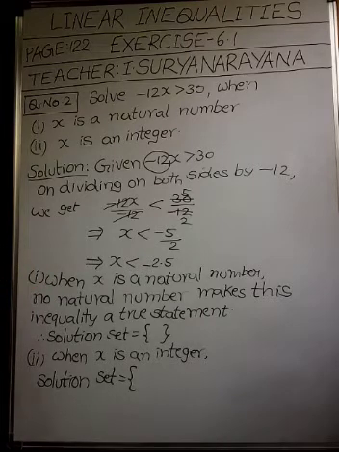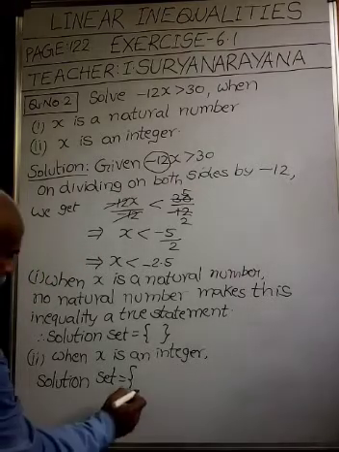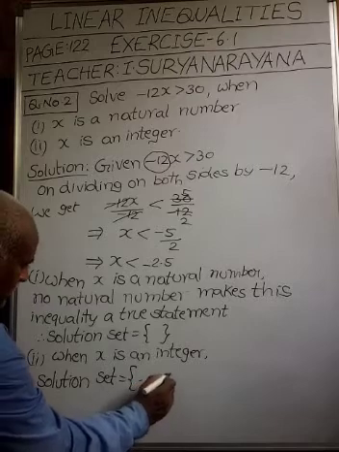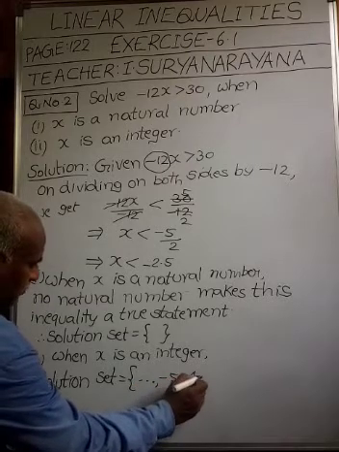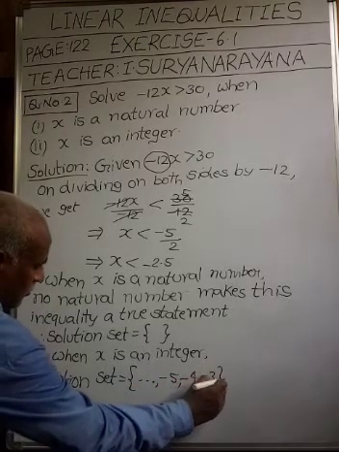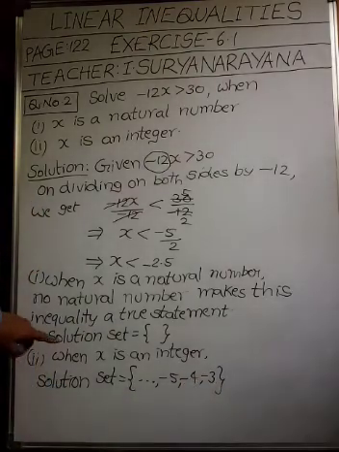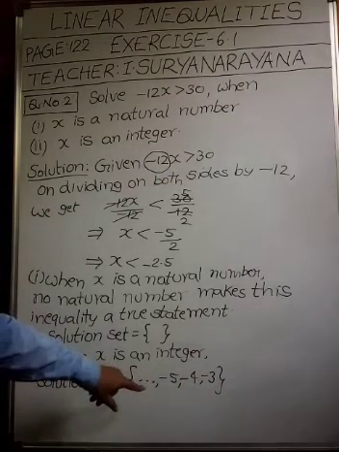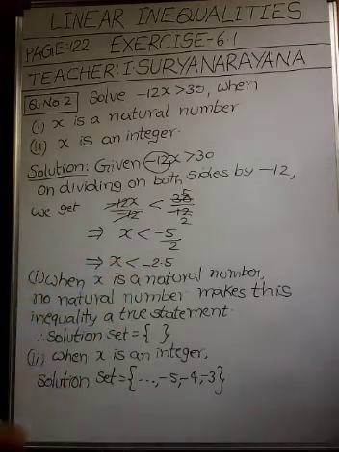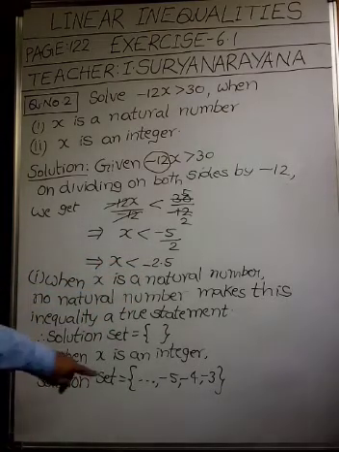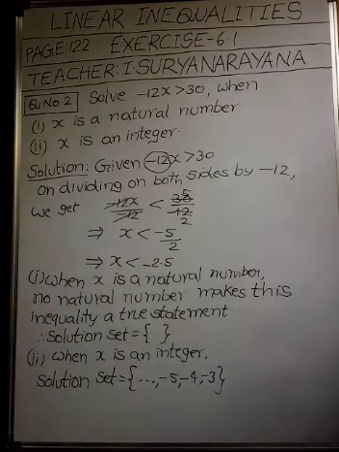Which integers are there? Less than minus 2.5 and so on. Minus 5, minus 4. Isn't it, my children? All these integers are less than minus 2.5. So all these integers make this inequality a true statement. Understood, my dear children?